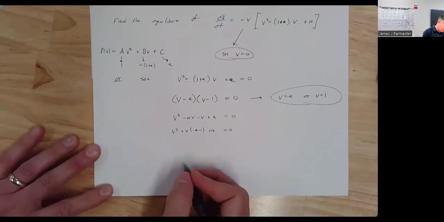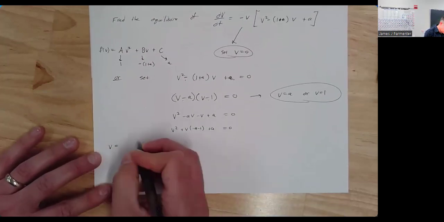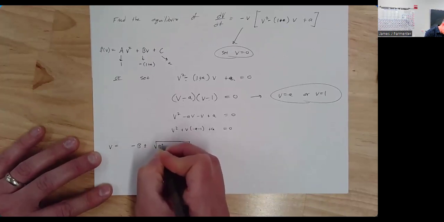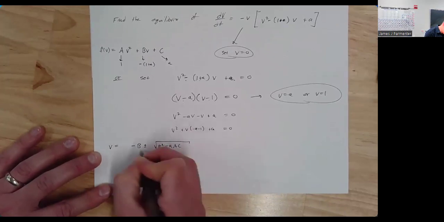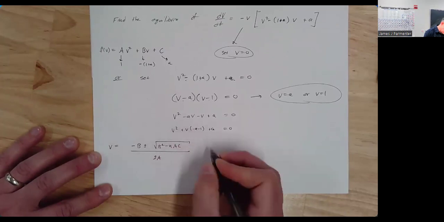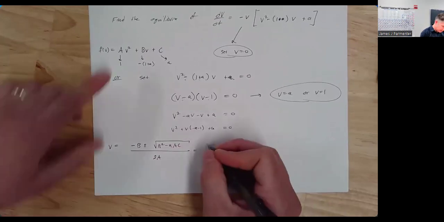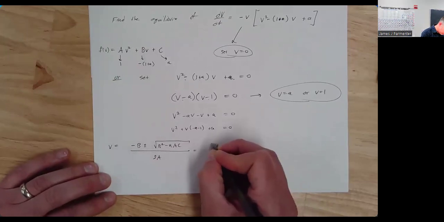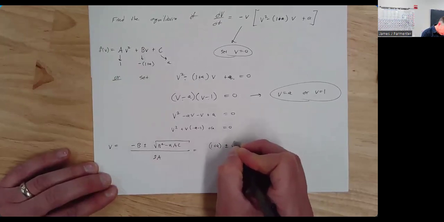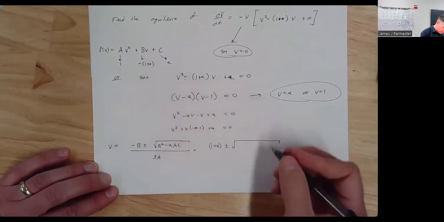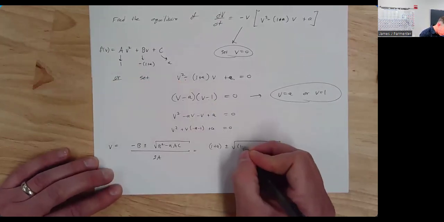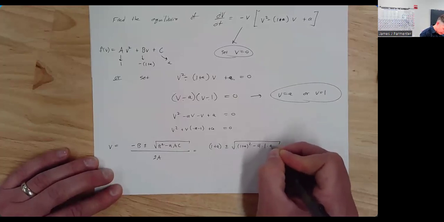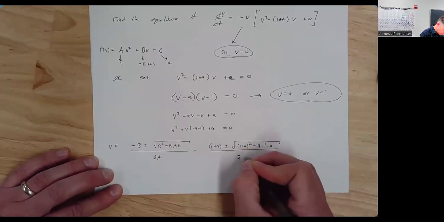So the quadratic formula gives negative B plus or minus the square root of B squared minus 4AC, all over 2A. We get 1 plus a, plus or minus the square root of (negative 1 plus a) squared minus 4 times 1 times a, all over 2 times 1.